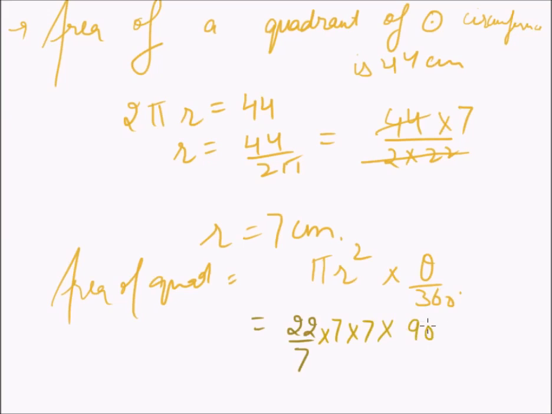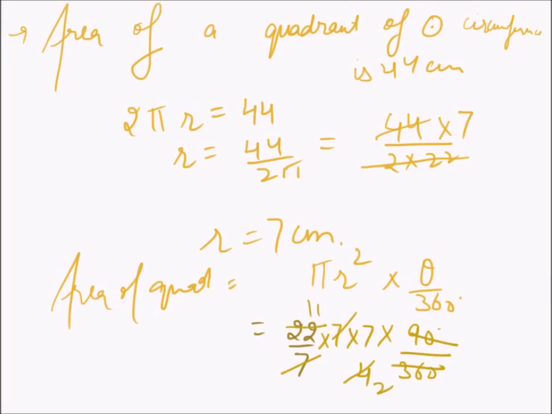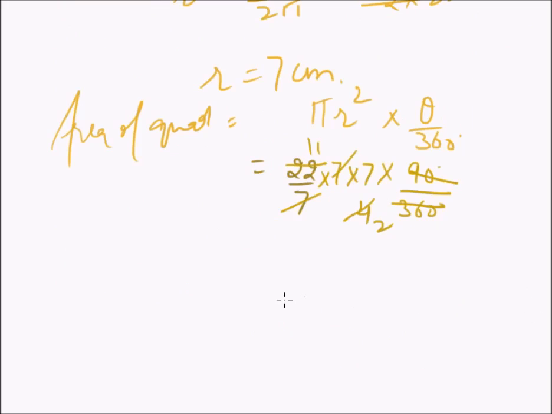Now theta is 90 degree here, the angle over 360 degree. 7 cancels this 7, this comes out to be 4, and so the area here is 77 divided by 2 centimeter squares, or we can convert this into decimals, which will come out to be 38.5 centimeter squares.